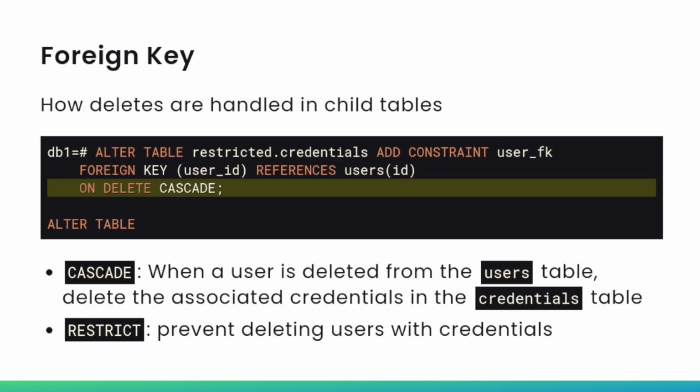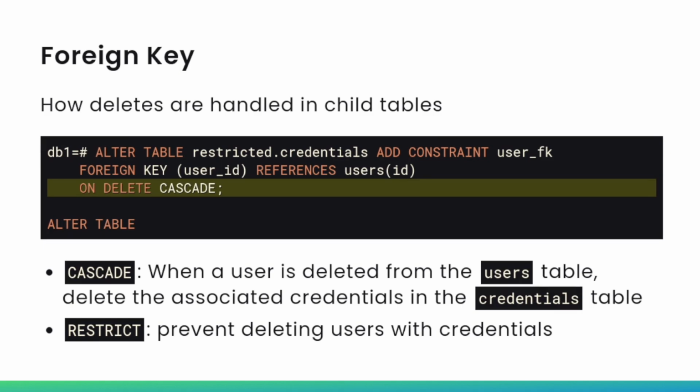Now, let's talk about the third part of the statement, which we ignored so far, on delete cascade. This section defines what should happen when I delete the user from the users table. What should happen to the credentials? So before we dive into the syntax, let's understand what we actually want. If I deleted a user, what do I want to do with their credentials?